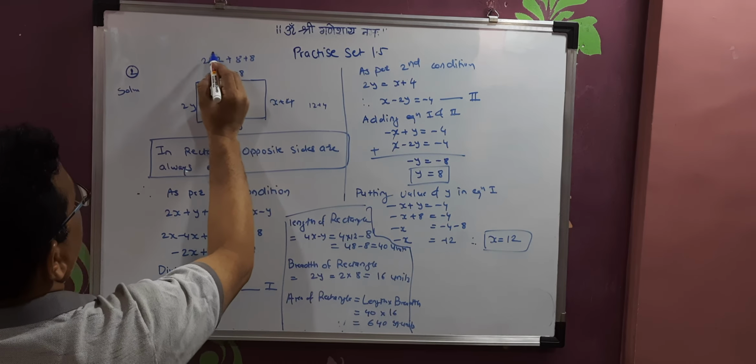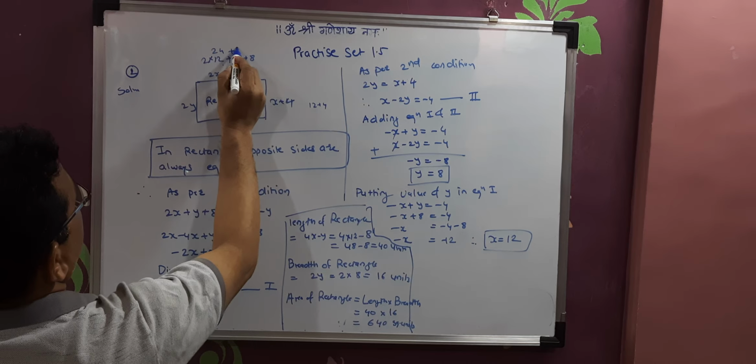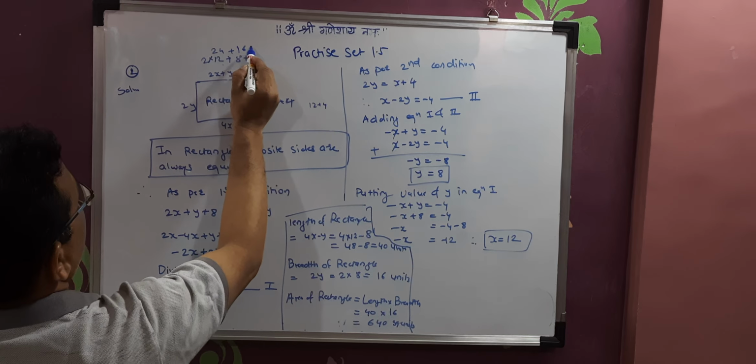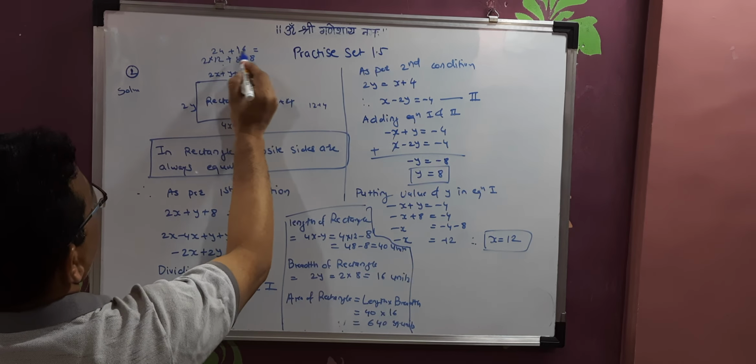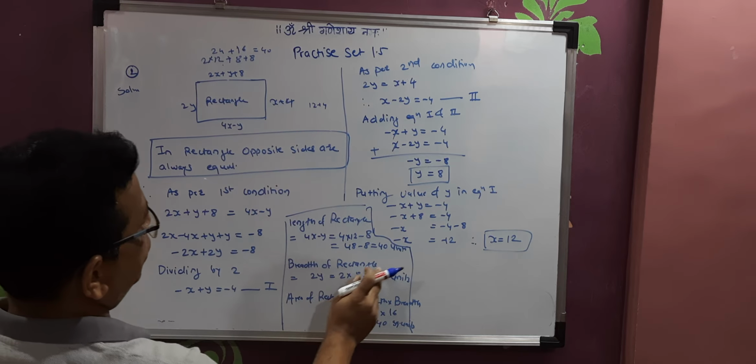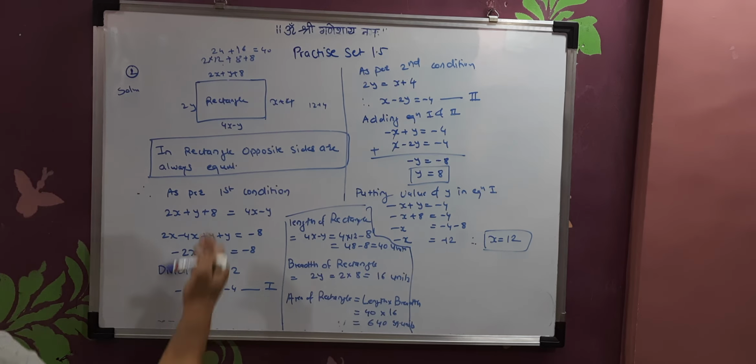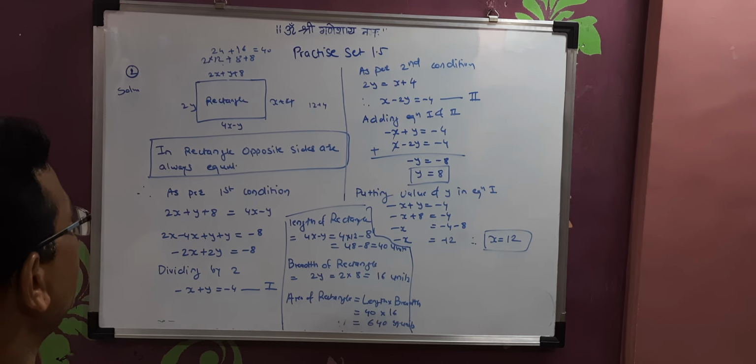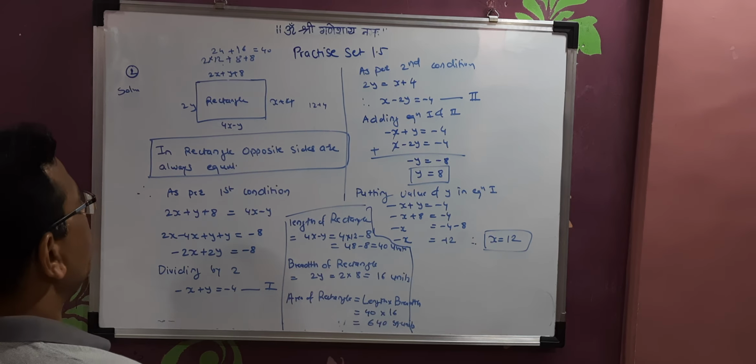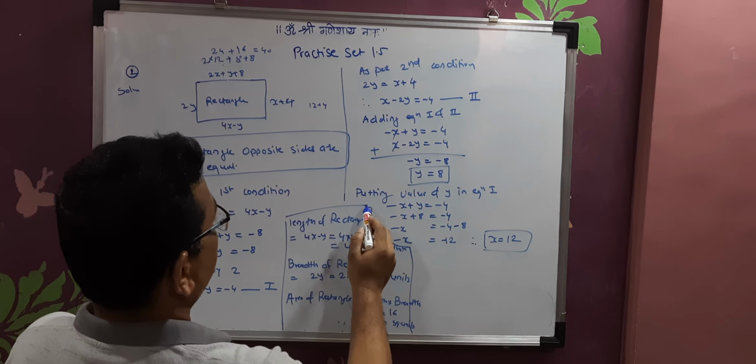So 24 plus 16, the value will come 40 units. So you can either take this equation or this equation. Whichever is simple, you can take that equation, so that there will be fewer mistakes while finding the answer.